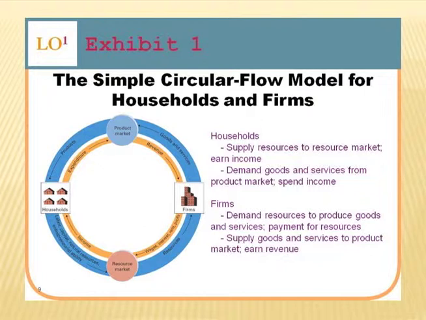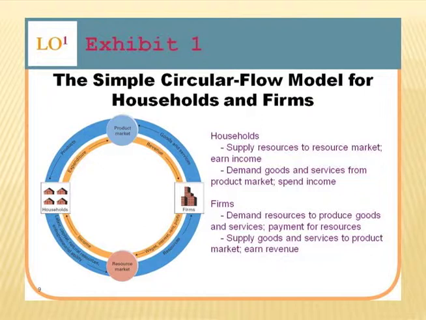We tend to think of households as being simply consumers. In fact, we oftentimes refer to them as consumers, and by that we mean that they're consumers of goods and services. So firms provide the goods and services, households purchase the goods and services, they expend their money buying them, and that flows back into the firms as revenue. So in that market, households are the consumers and firms are the producers.